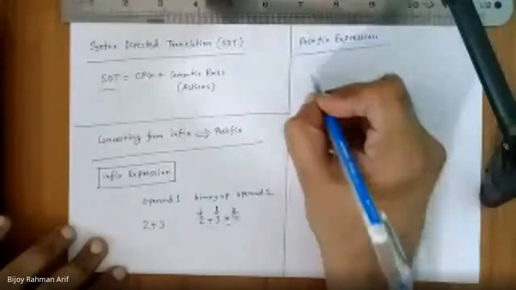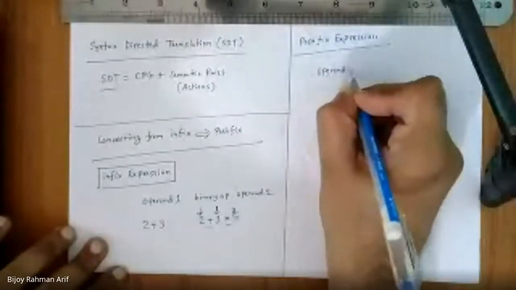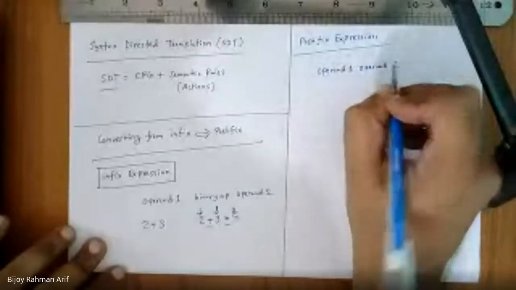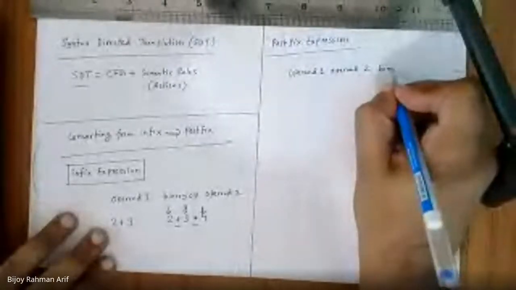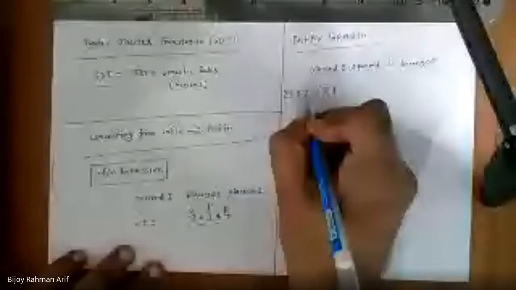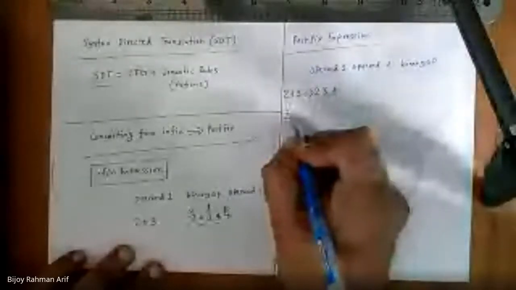It is like this: operand 1, operand 2, then the binary operator. So 2 plus 3 becomes 2, 3, plus. How about 2 plus 3 star 4?